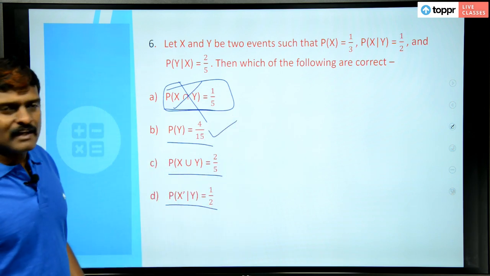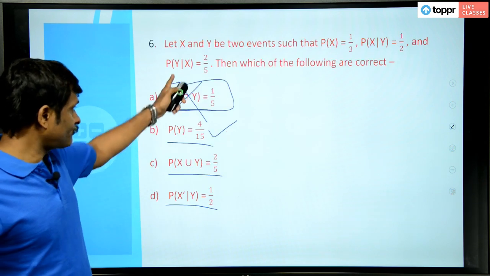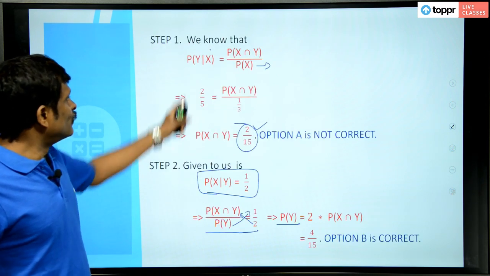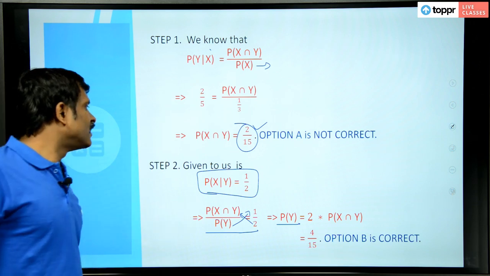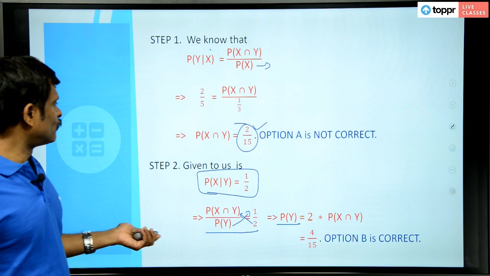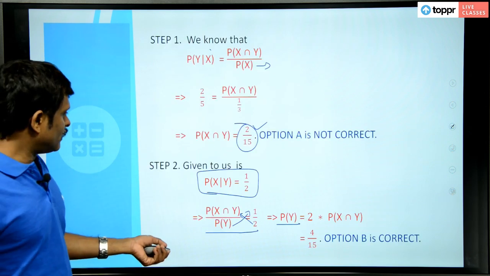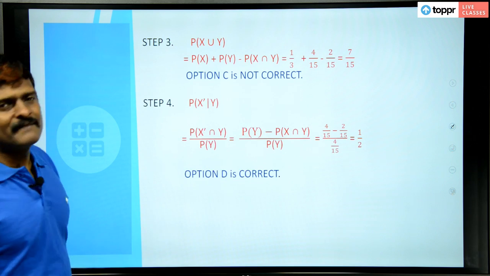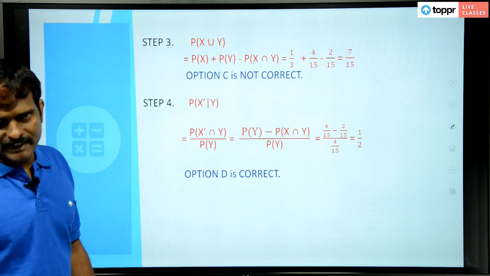So, I calculated the probability of y using the probability of x given y. The probability of y given x we used to find the probability of x intersection y, and the probability of x given y we used to find the probability of y. So, we have already checked two options. For the remaining two, let us check the probability of x union y, which is the probability of x plus the probability of y minus their intersection.